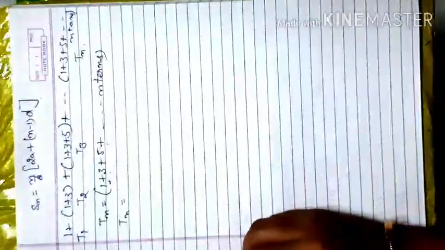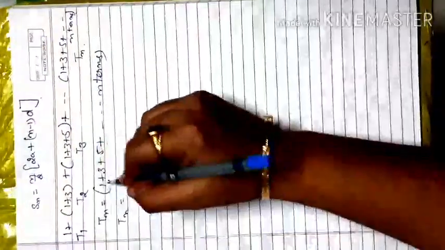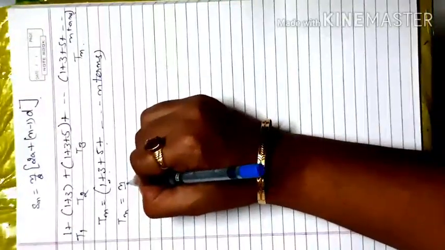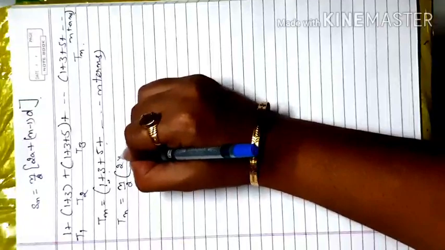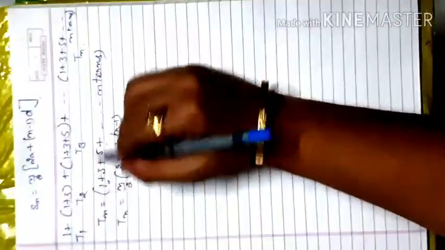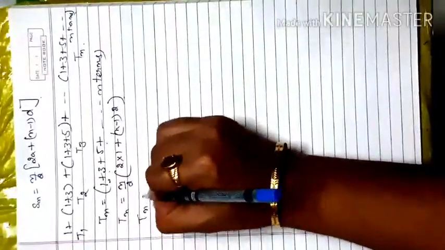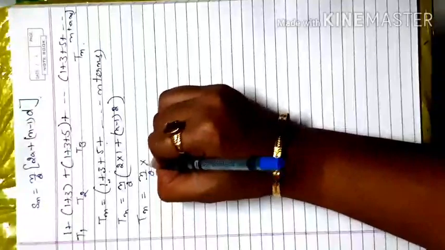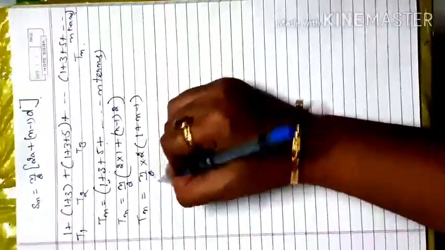So here n by 2 as it is, in place of a there is 1, and the difference is 3 minus 1, which is 2. Better I take 2 common here. What is left? 1 plus n minus 1 is left, 2 is cancelled, 1 is cancelled, only n square is left.